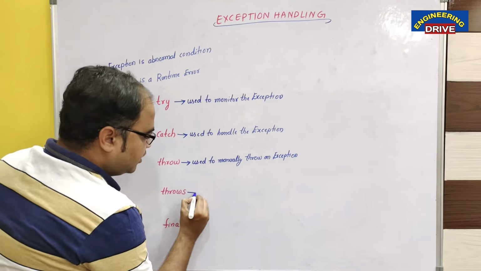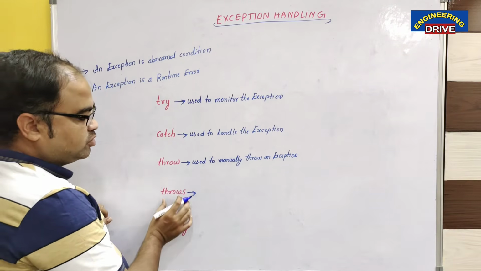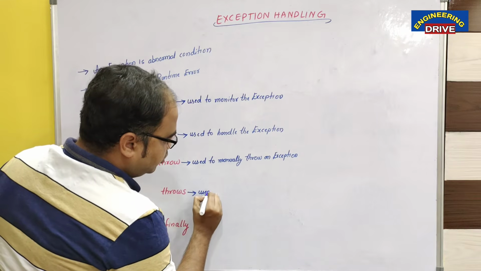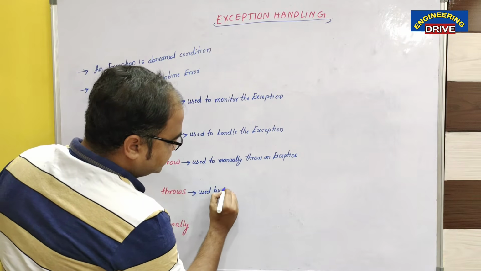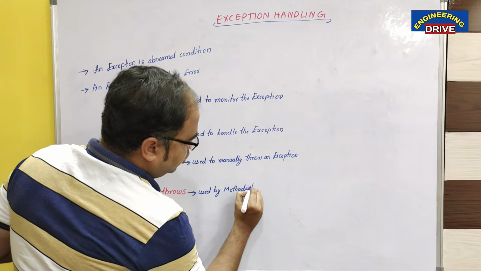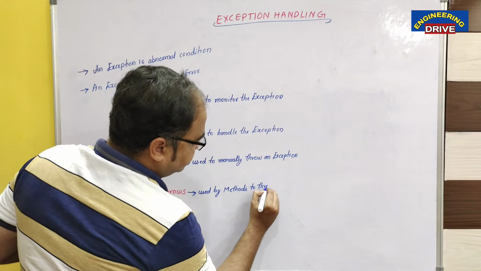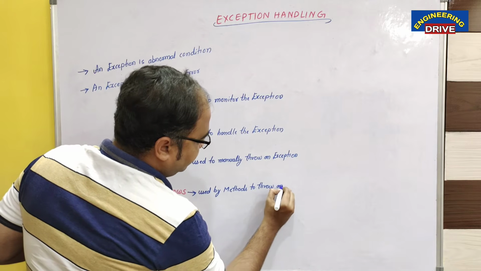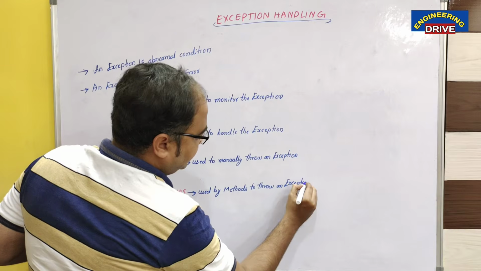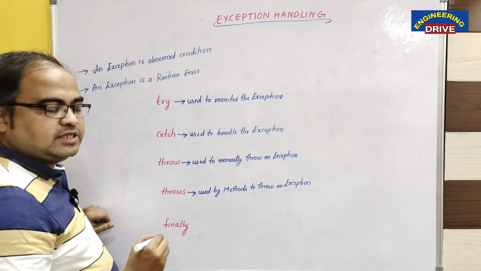And the fourth keyword, throws. This keyword throws can be used by methods to throw an exception. So we can make use of methods in our Java program.